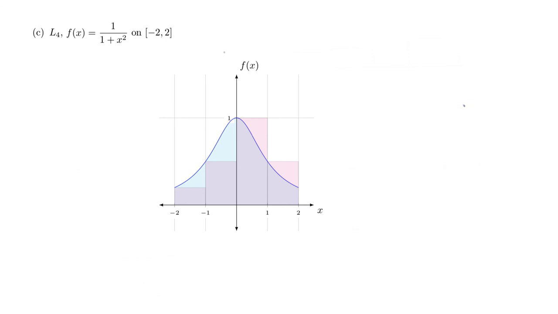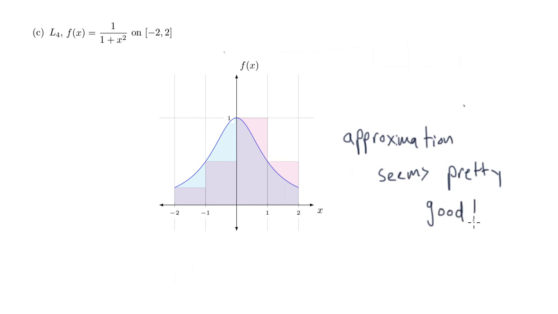And it really looks like the amount we're underestimating over here is accounted for by the amount we're overestimating over here. Now, certainly not exactly, but it's enough to say that the approximation seems pretty good. It's not obvious to me whether it's an underestimate or an overestimate. So I'm going to say that it seems pretty good based on this picture right here.